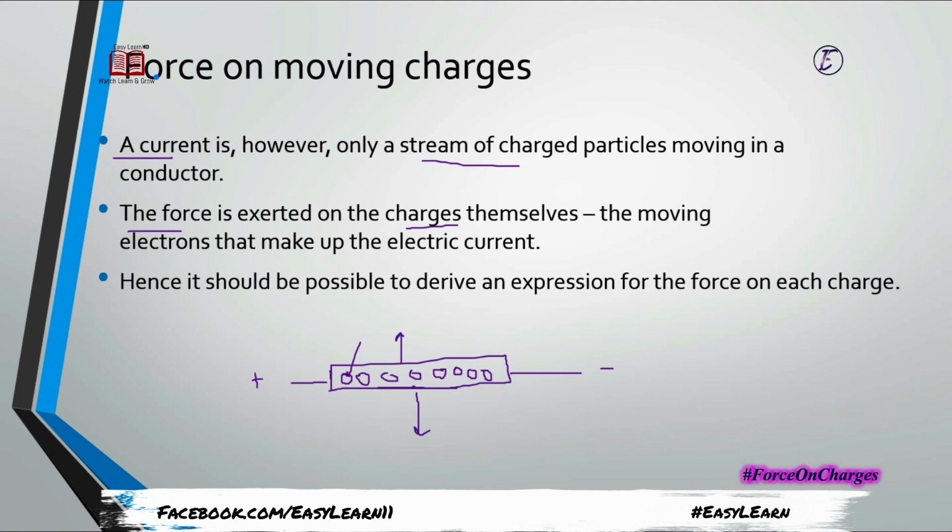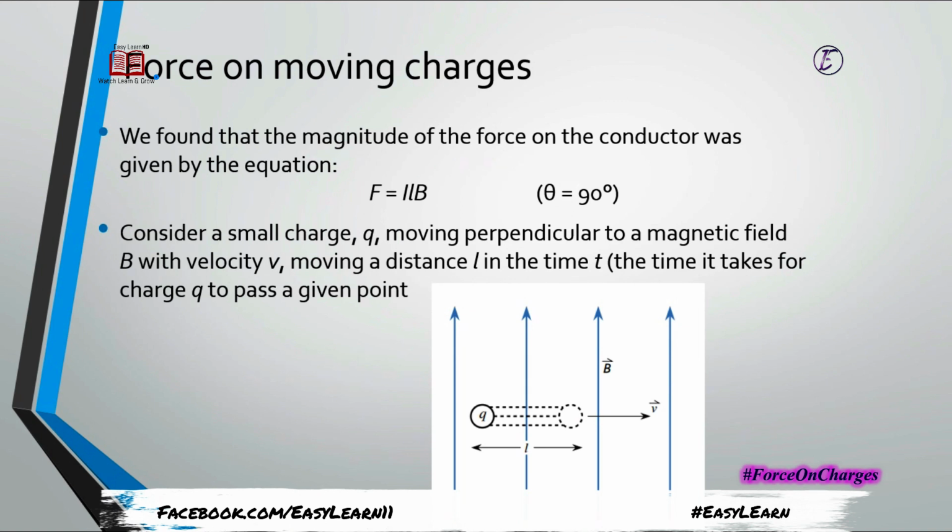I tried to show an animation of the charges in the second or third slide of episode 9. So these are the electrons that make up the electric current. Hence it should be possible to derive an expression for the force on each charge. The expression F equals ILB is the force on the current carrying conductor, and we apply it with theta equal to 90 degrees. It is maximum there, because sine 90 is equal to 1 and sine 0 is equal to 0.